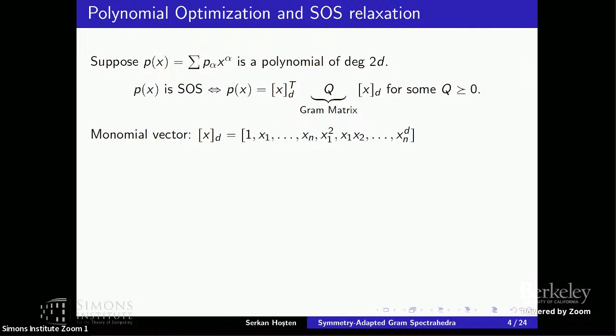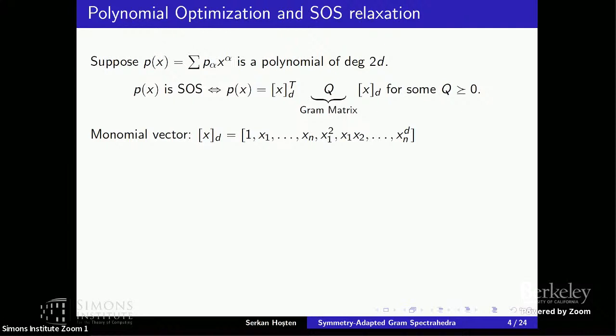Classically, any polynomial p in n variables, I wrote it as the sum of p_alpha x^alpha. So x^alpha is a monomial, and p_alpha is a coefficient. Let's say this is of degree 2d. It doesn't have to be exactly 2d, but let's say 2d. Any such polynomial can be represented by a symmetric matrix, non-uniquely; there can be more than one symmetric matrix that represents it.